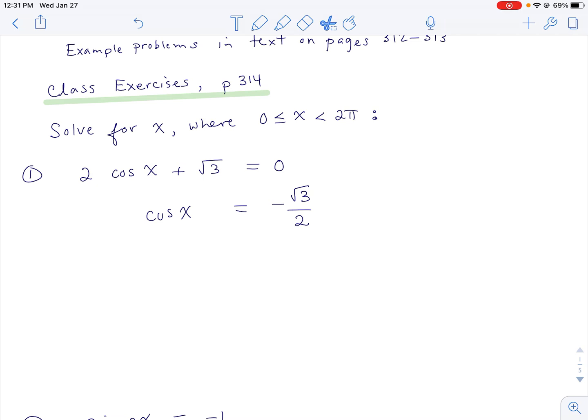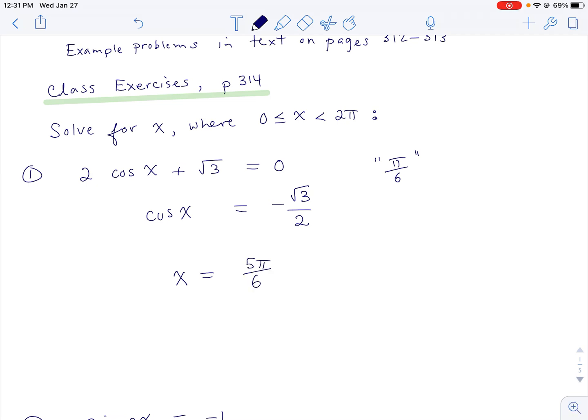And guess what? That's a memorized angle, right? I know that the cosine of pi over 6 is root 3 over 2. That's kind of the reference angle, but I want cosine to be negative. So you say, hey, where is cosine negative? You should be thinking quadrants 2 and 3. So it's pi over 6 in the second and third quadrant.